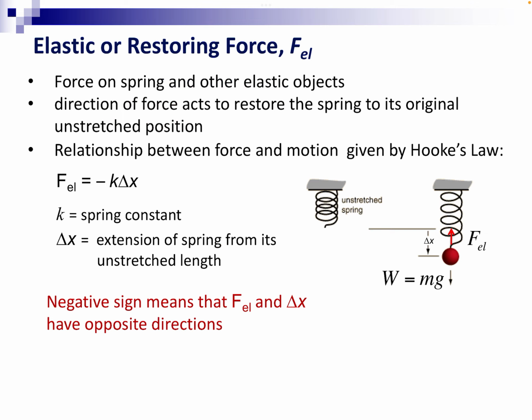Once it's elastic or stretchable, then the kind of force that the object experiences will then be called the elastic or restoring force. Okay? Elastic or restoring force, F subscript EL, is the force due to a spring or other elastic objects like a rubber band or any elastic object.